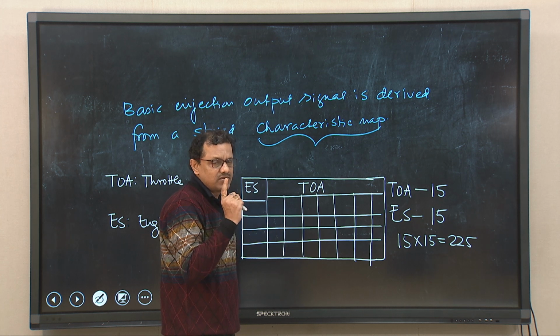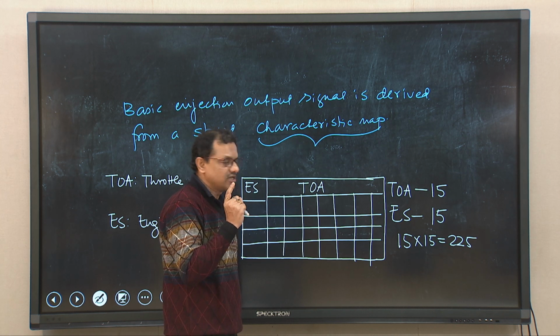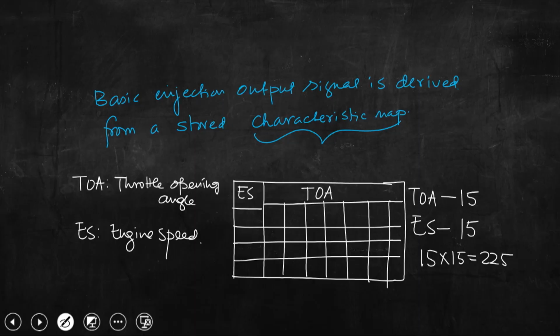So, considering a stoichiometric air fuel ratio, we perform engine tests, and based on the engine test we can figure out, if the throttle opening angle is 15 degree, then what should be the speed.